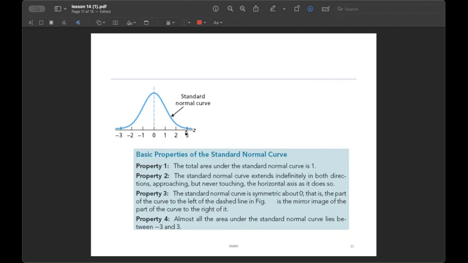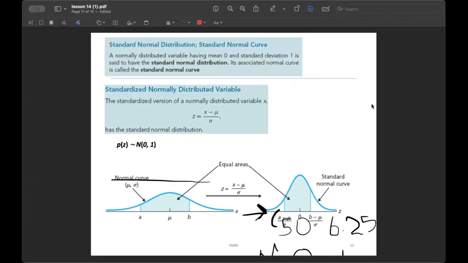Why? The reason is, can you remember, if it was a normal distribution, in the middle we had mu, and then mu plus sigma and mu plus 2 sigma, likewise.